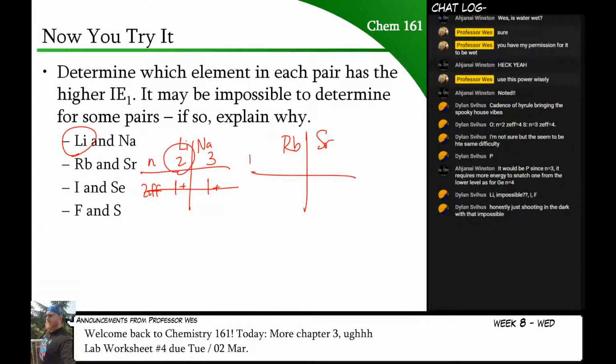Let's look at rubidium and strontium. Same thing. All right, so I'm going to look at N, and they are in period 1, 2, 3, 4, 5. Both of them are, so that's a tie. That's no use to us. Then I got to calculate their Z effective, and you should get this.